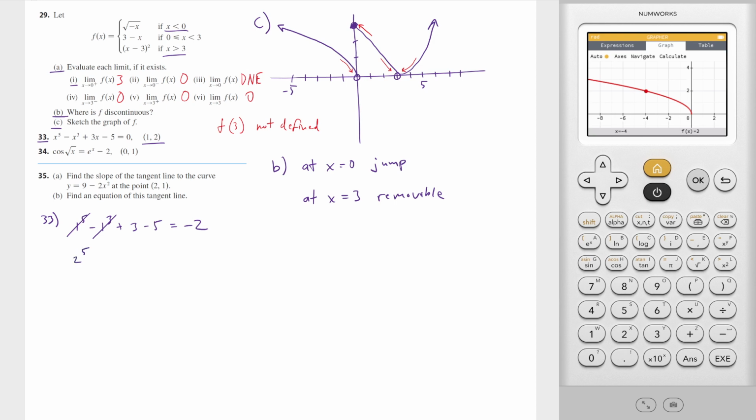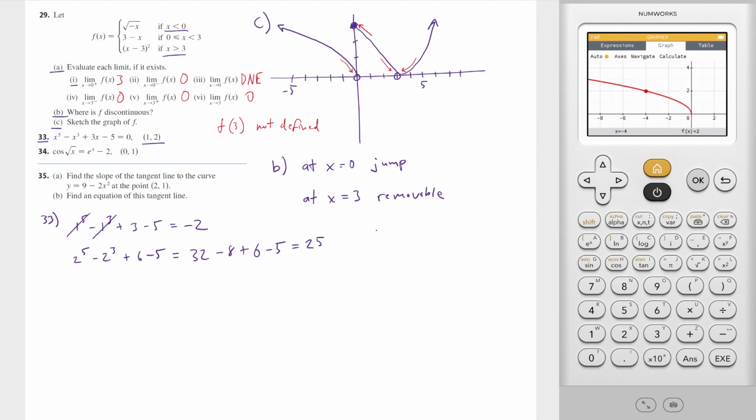So 2 to the 5th power minus 2 to the 3rd power plus 3 times 2 is 6, minus 5. 2 to the 5th is 32, 2 to the 3rd is 8, plus 6, minus 5. 32 minus 8 is 24, plus 6 is 30, minus 5 is 25. Hopefully I got that right. Either way, even if I was off slightly, it's quite clear that this is going to be positive.